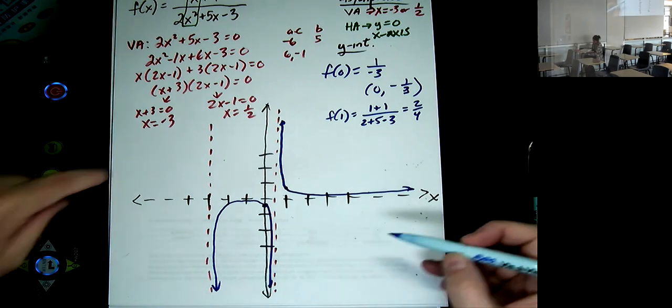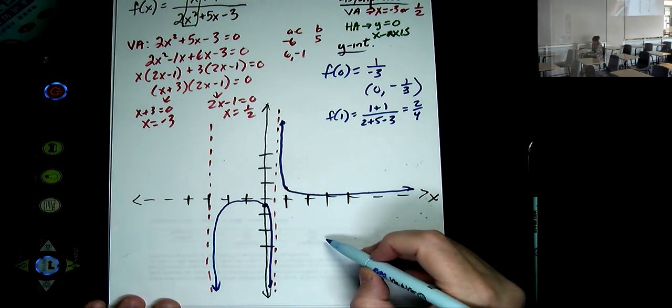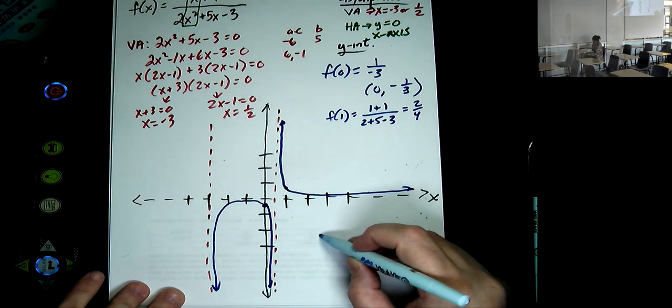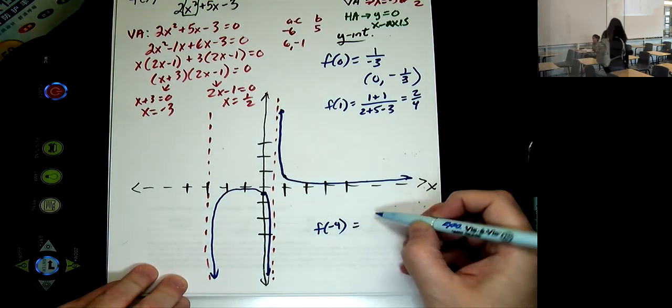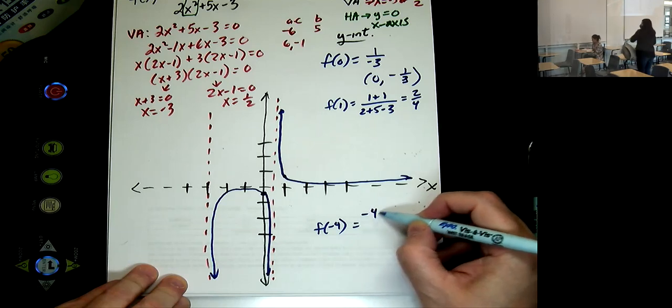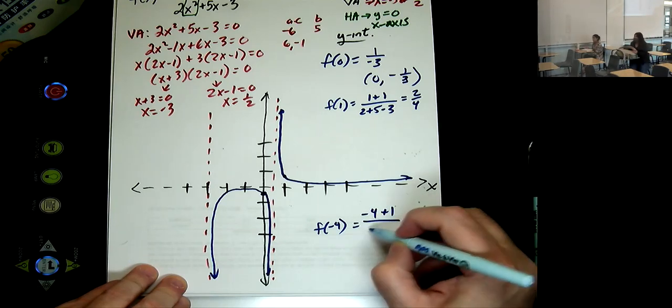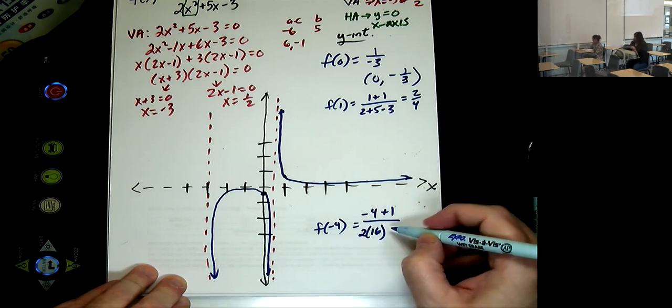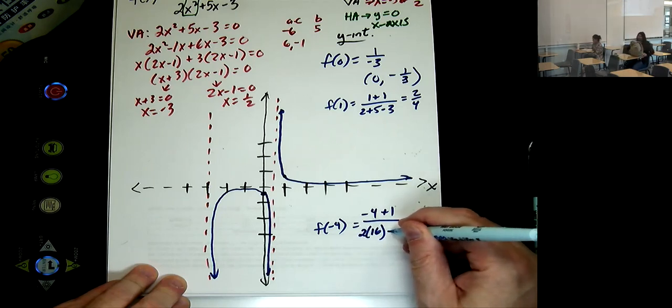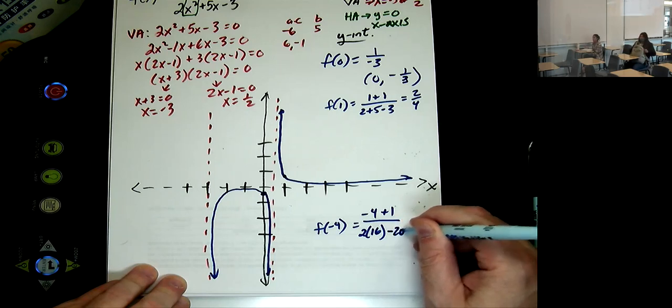And I suspect -1 is going to do the same thing, or -4, but let's give -4 a try. If I do -4, I've got -4 + 1 over 2 × 16 minus 20 minus 3.